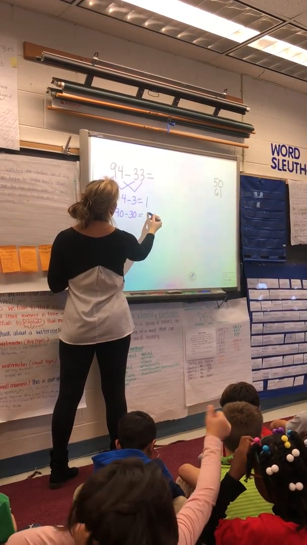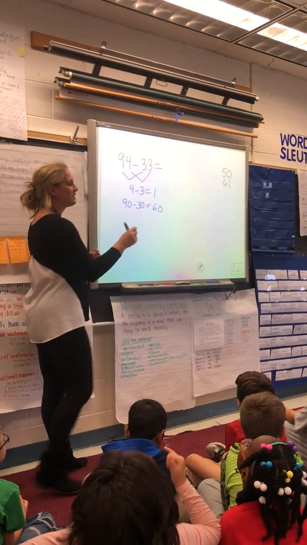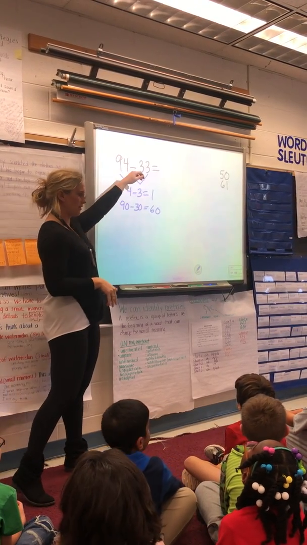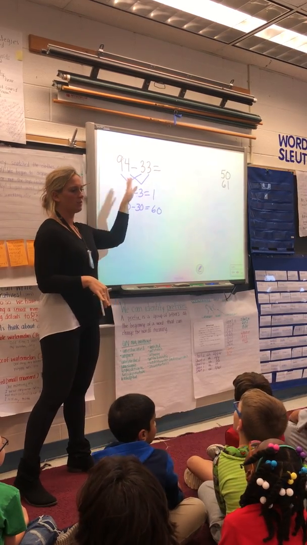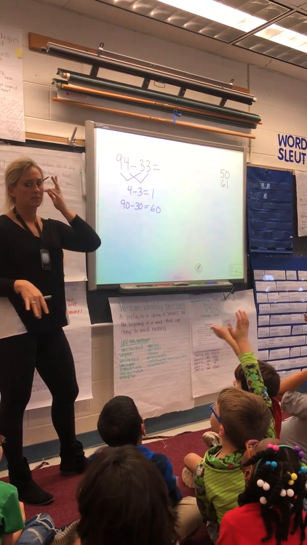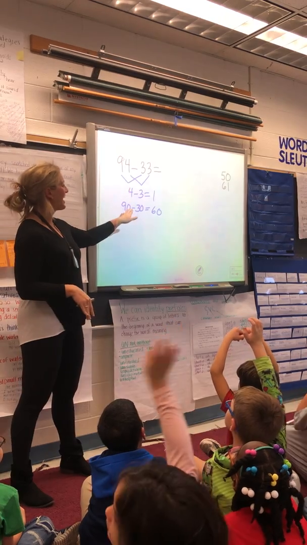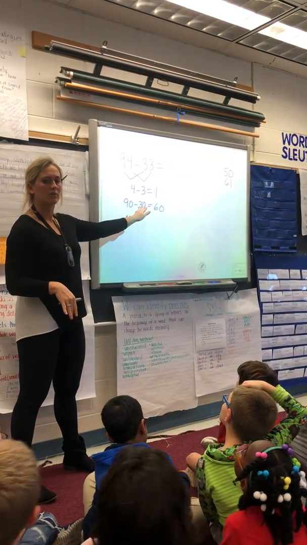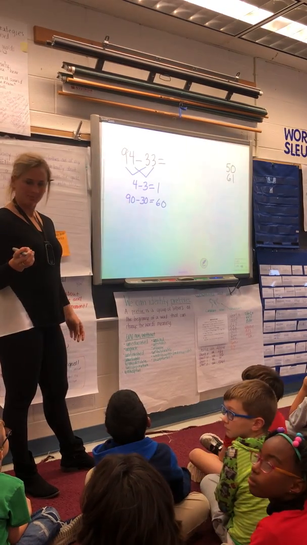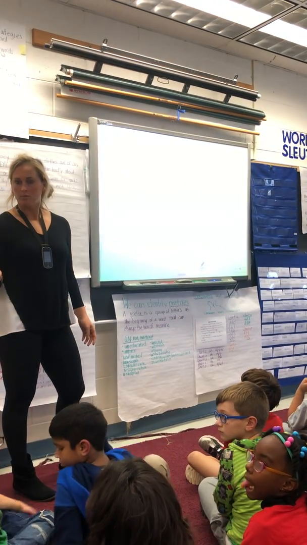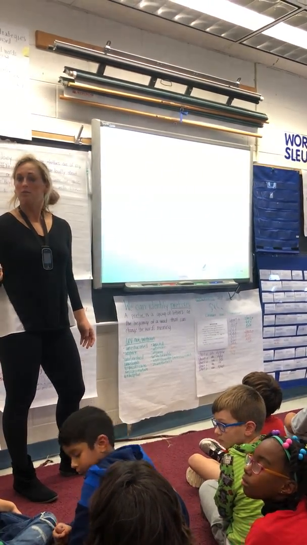Awesome. So I noticed, Ellie, that you said 90 take away 30 instead of 9 take away 3. Why is it 90 take away 30 and not 9 take away 3? Because that's a very important distinction. Colton, why is it 90 take away 30, not 9 take away 3? Because if you would cover up the 2 zeros, it would be 9 and 3.